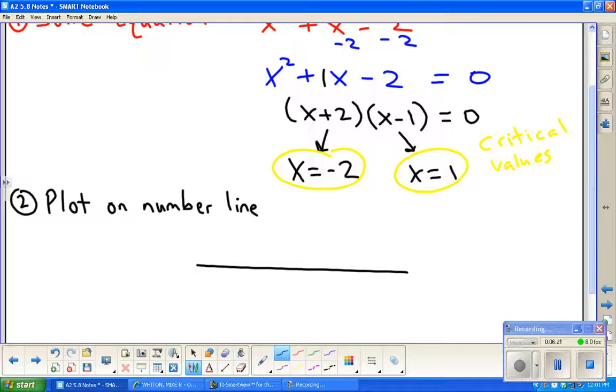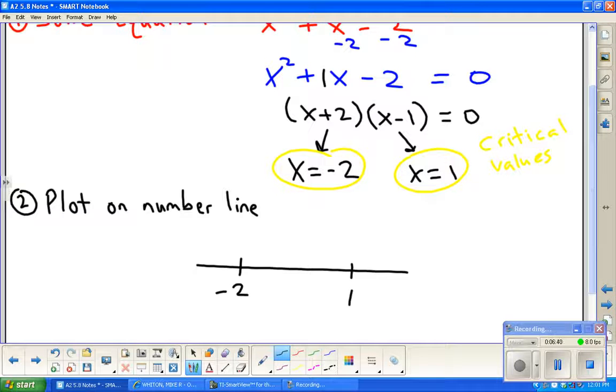And you don't have to be super accurate when you do these. Just make sure you put them in the right order. Like the -2 needs to come first because it's farther left on the number line. +1 up here somewhere. So again, just make sure they're on the correct side of each other. Negatives are always left. Bigger numbers are always to the right, that kind of thing.